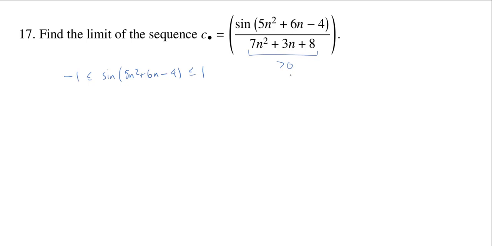So I could divide by this, never going to have any sort of a problem. So what if I just divide each of these? Not only is it defined to divide by it, but because this is positive, it's not going to change the direction of the inequalities. So I just do this everywhere.